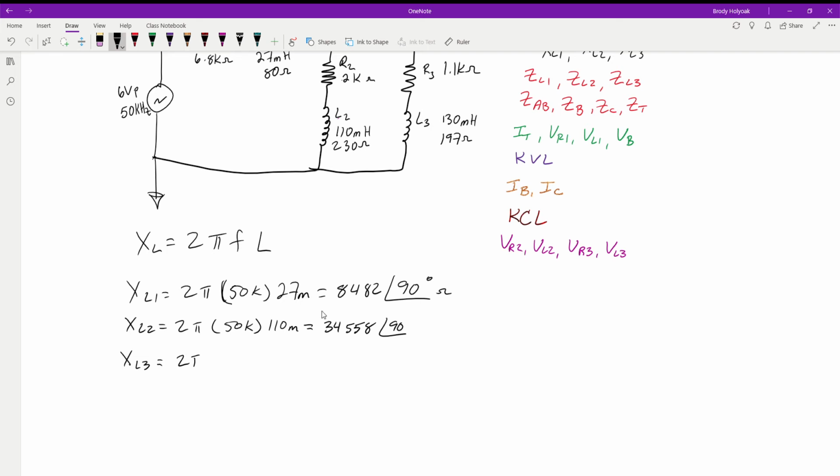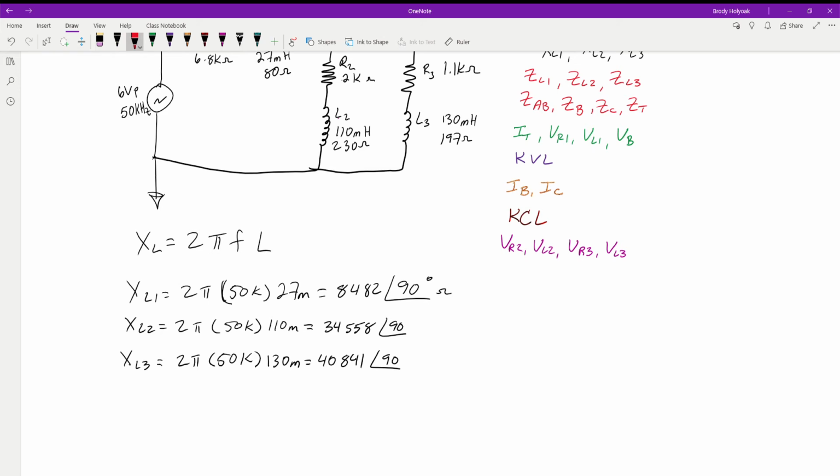So again, it's 2 pi times our 50 kilohertz times 130 millihenries, and that gives us 4841 at 90 degrees. So real quick, we just got to plug into our calculator, get the formulas, and again, the formula that we have is up there.